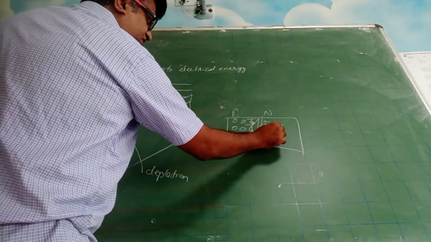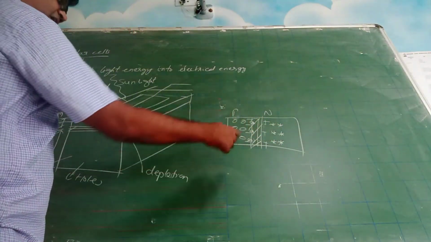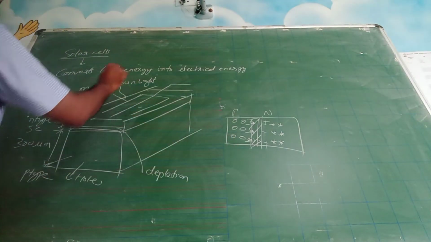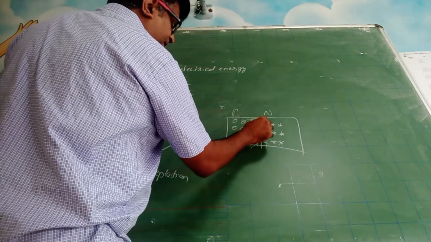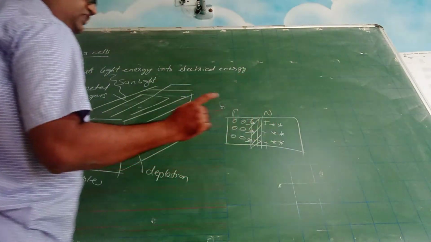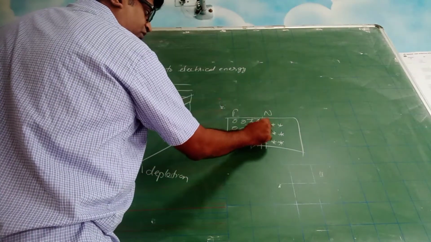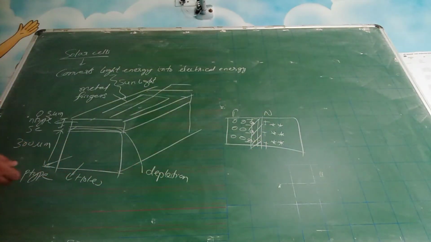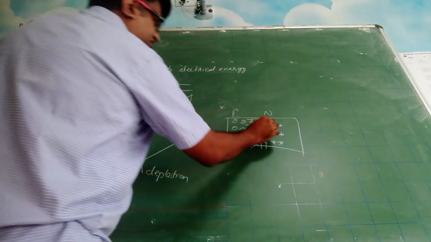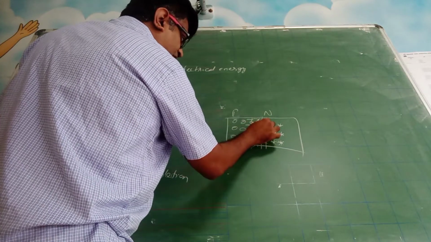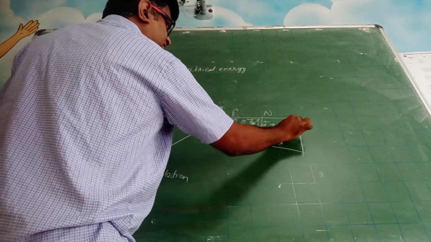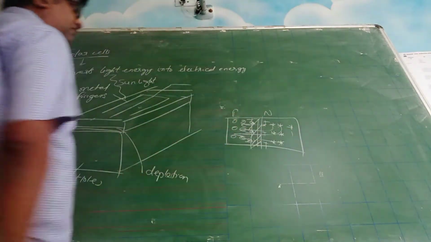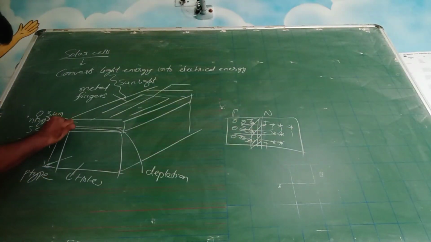So we have to bring this electron from this side to this side. Earlier we used a battery, now we are using the sunlight. Here we need to understand that the conduction happens first with the electrons which are close to the depletion layer. Like this, the electrons here will try to cross over here, then this one, then this one, then this one, alright? That is the reason why this thickness is kept very, very less.